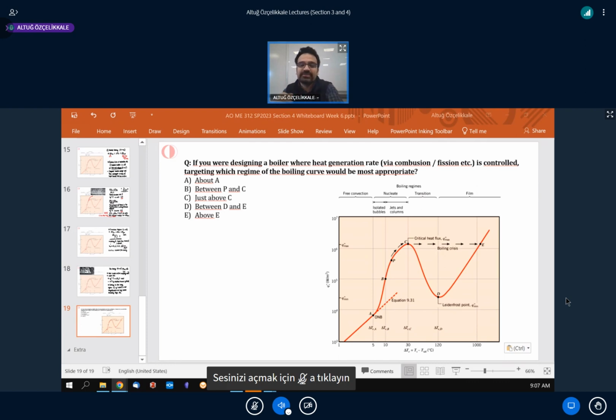You might go back and look at our example problems that we solved in class last semester. Because if you are keeping the surface temperature constant, then you are going to need a variable heat flux. But most of the time, our heat transfer equipment is capable of providing constant heat flux.